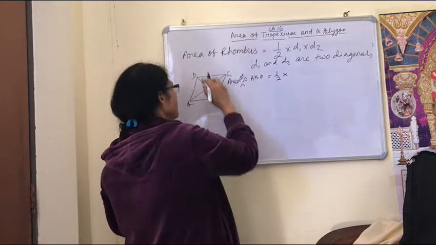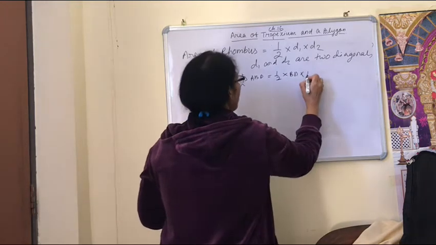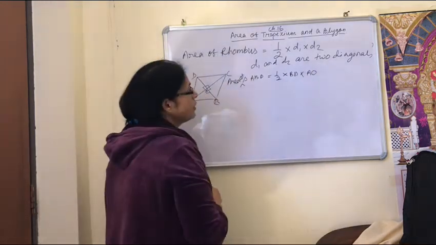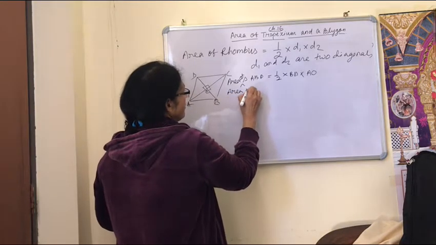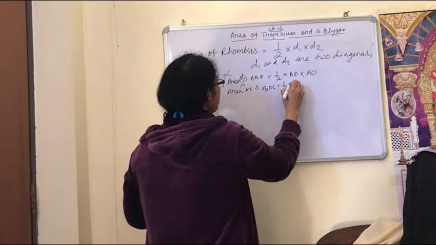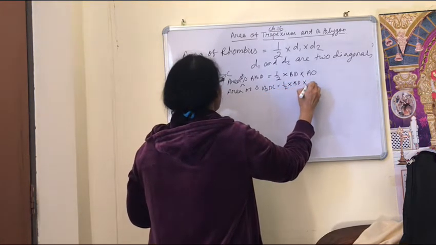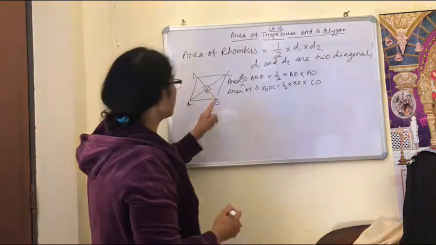Base is your BD. And your height is your AO. Clear? Then area of triangle BDC is your half into BD into CO. Why AO and CO are the heights? Because they are perpendicular bisector.